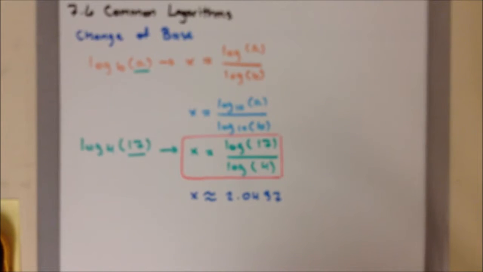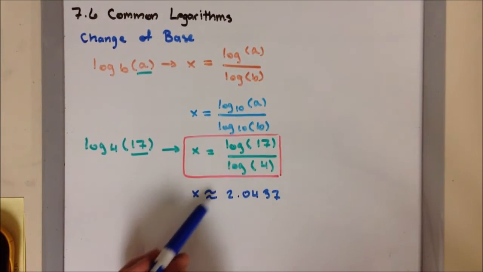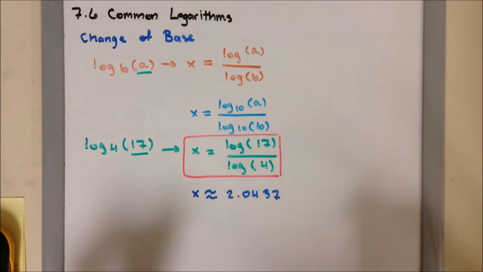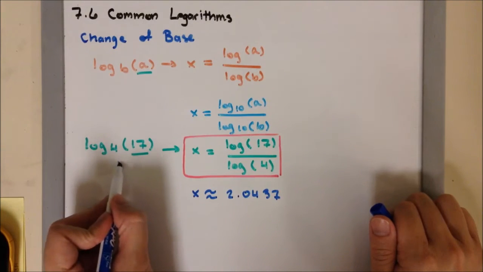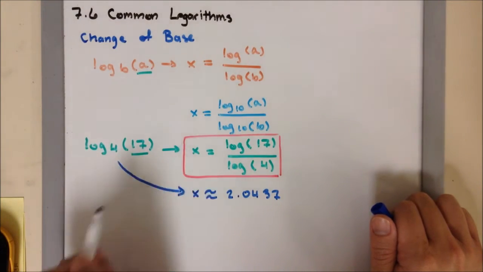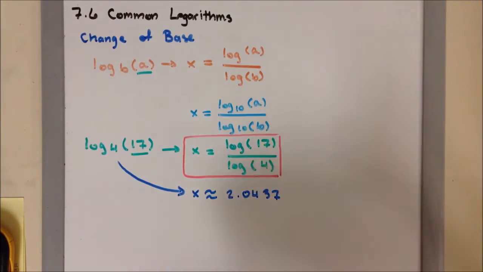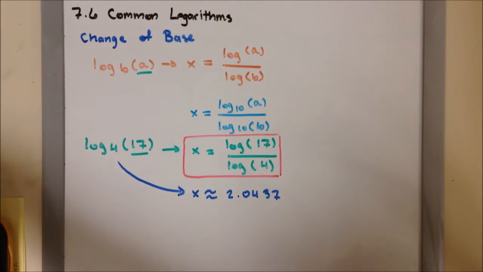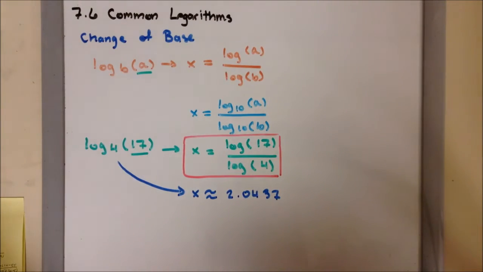Now the great thing about using the change of base formula is that we can actually find the value of x from log base 4 of 17. So that's how you evaluate with a calculator. The reason we have to do change of base formula, as I stated before, is that you're unable to type in your base with scientific calculators.